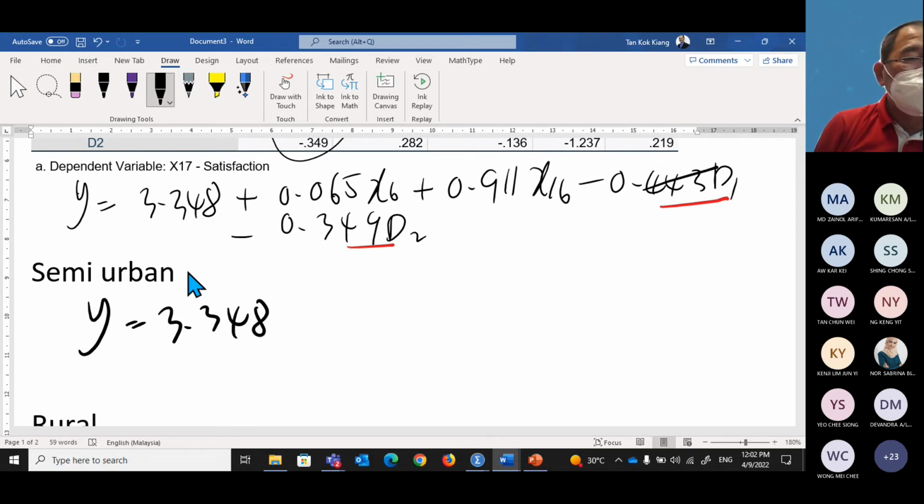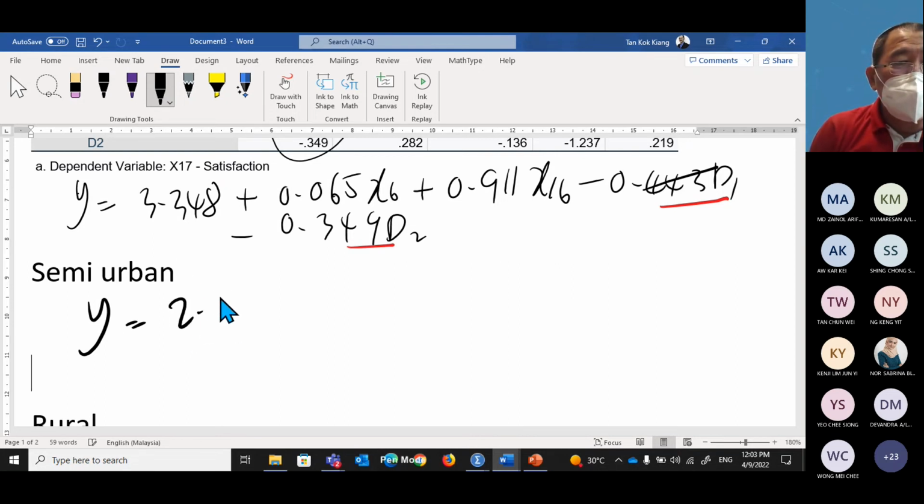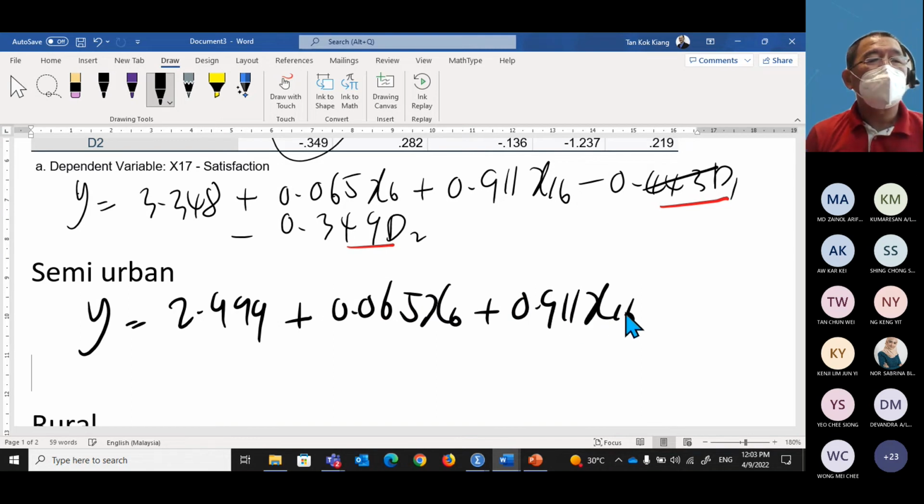So we can just do the calculation: we take the constant 3.348 minus 0.349, and we get 2.999. The rest are all the same. So this is the equation for the semi-urban.